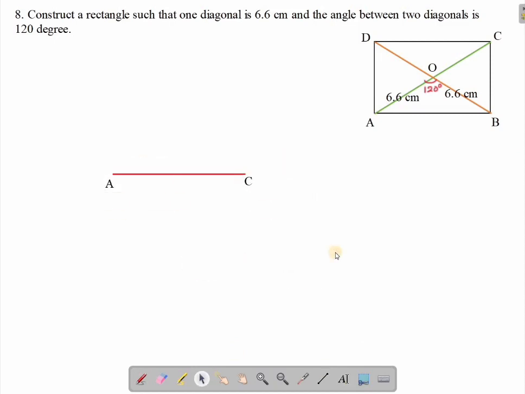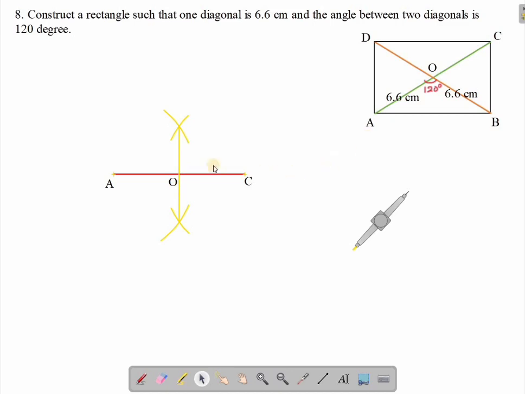Now we will draw the perpendicular bisector of AC in order to find the midpoint. So here I have drawn the line AC and its perpendicular bisector in order to find the midpoint O. So you see the midpoint of AC is O.